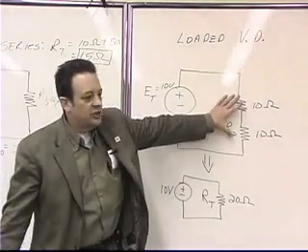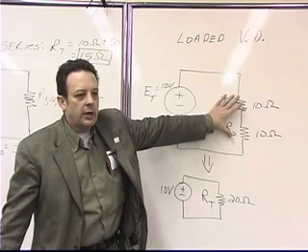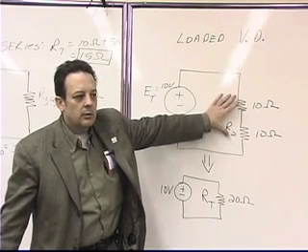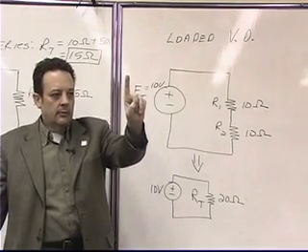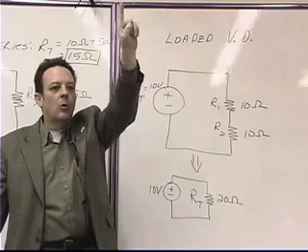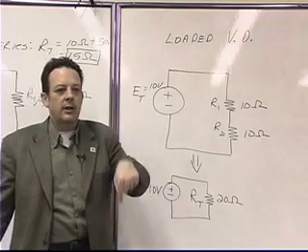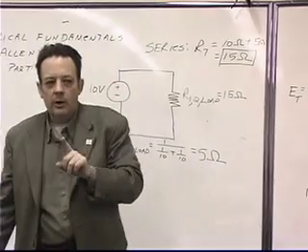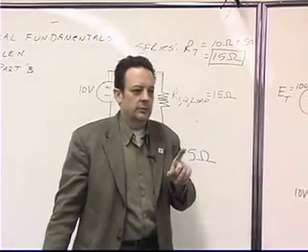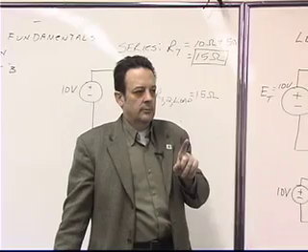If I have a series unloaded circuit and I load it, does the total resistance go up or down? It goes down. Very popular question. Very popular interview question. Okay?